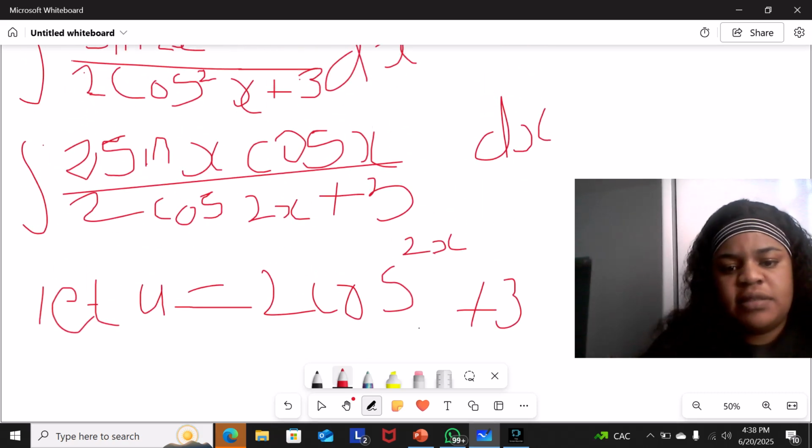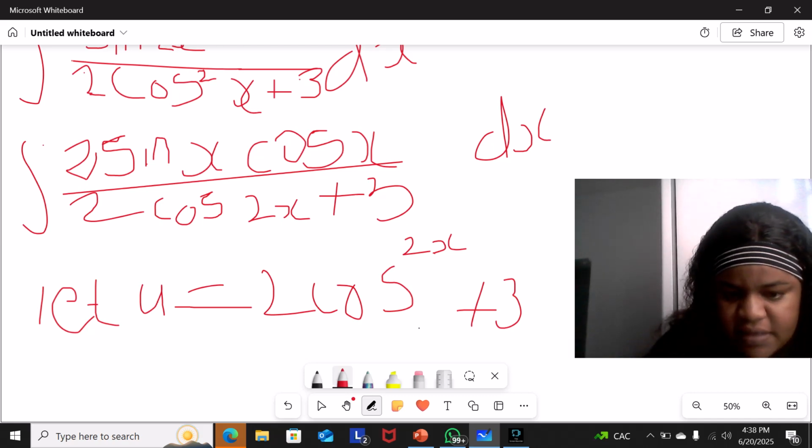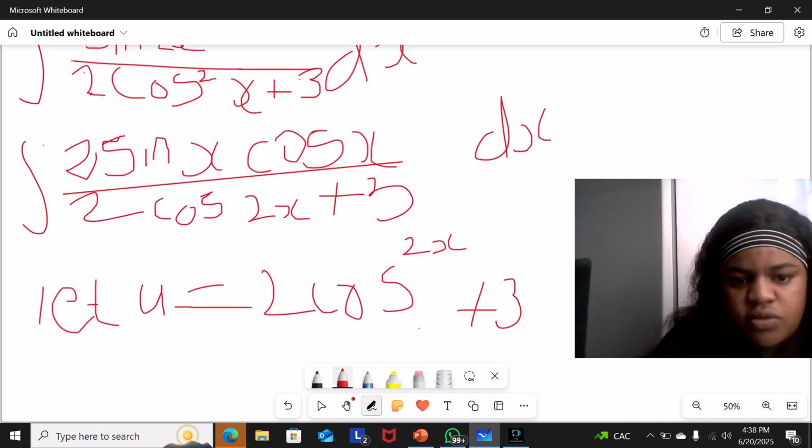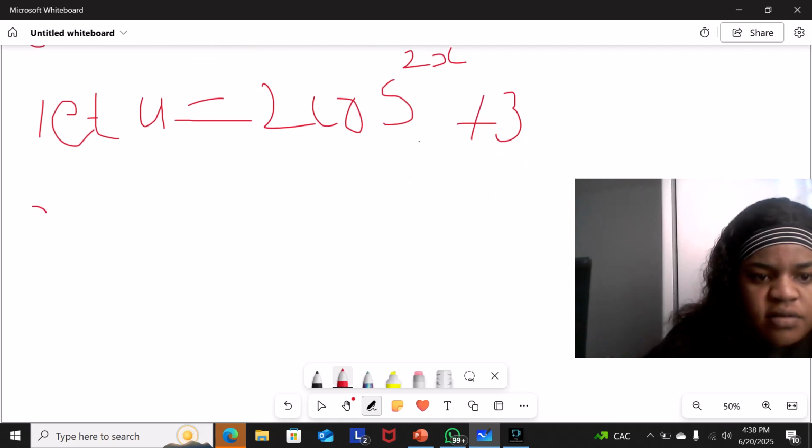My u comes from this equation, the denominator one. Then I need to derive it, to du over dx.